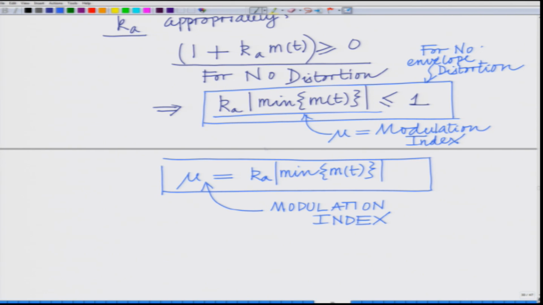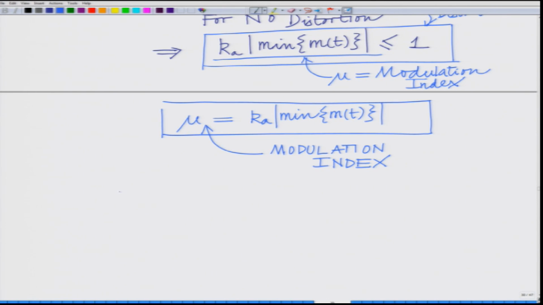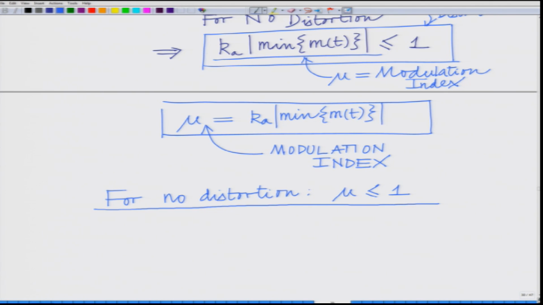Now, for no envelope distortion, mu is less than or equal to 1, correct. Mu has to be less than or equal to 1 for no distortion. If mu is greater than 1, then there is going to be envelope distortion, and the carrier is said to be over modulated.